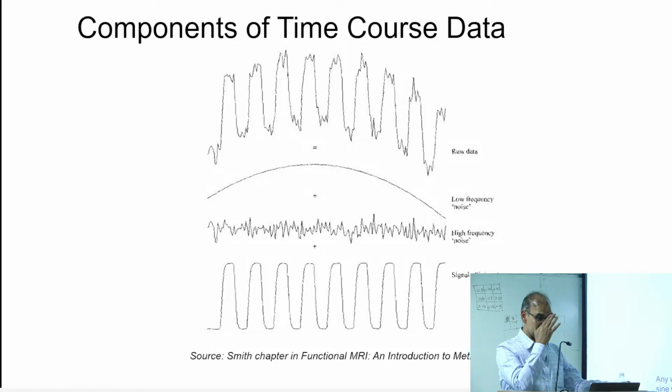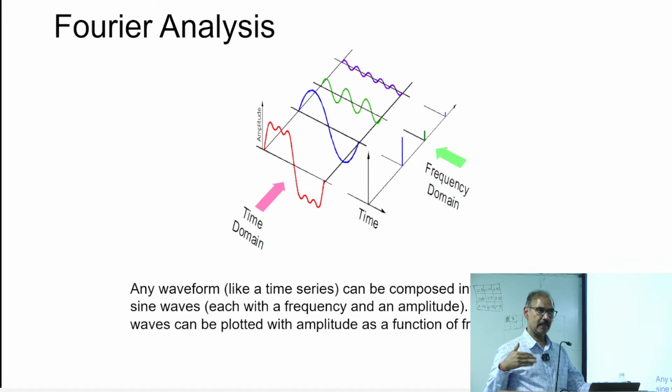So another way to think of it is in terms of Fourier analysis. As I had mentioned, with Fourier analysis, we assume that any signal can be decomposed into a series of sine waves and cosine waves.